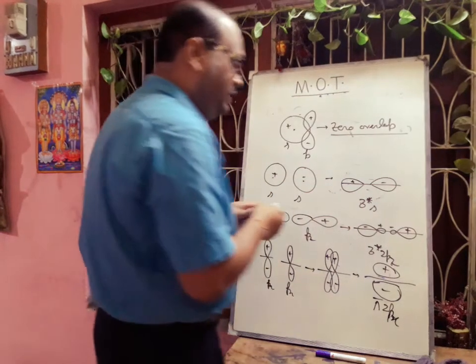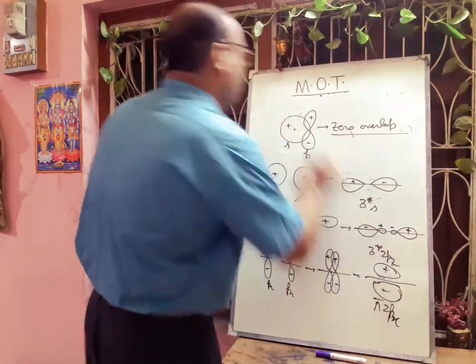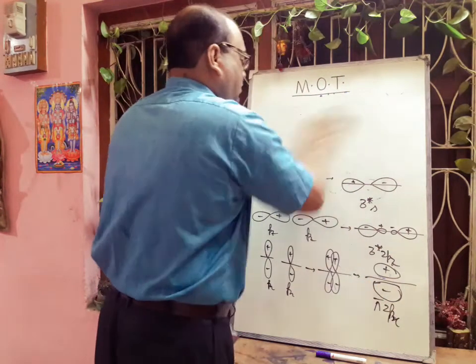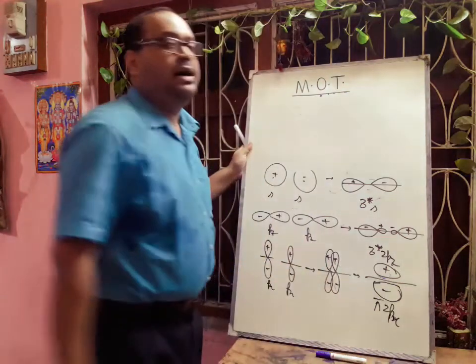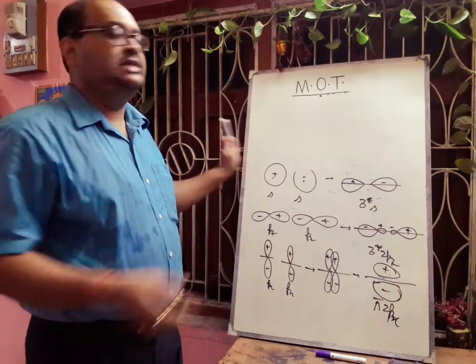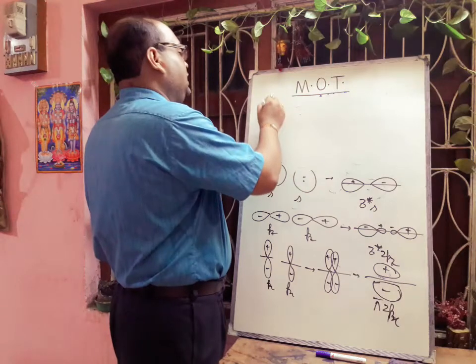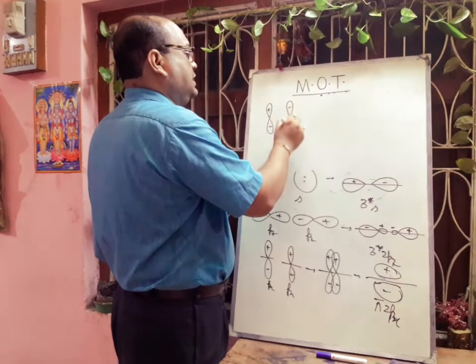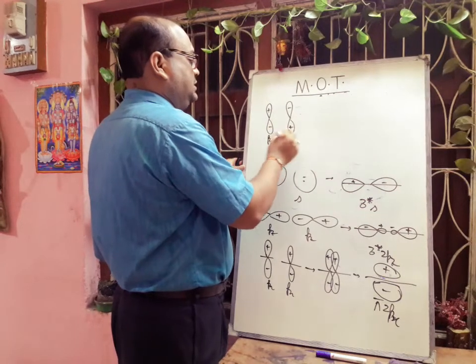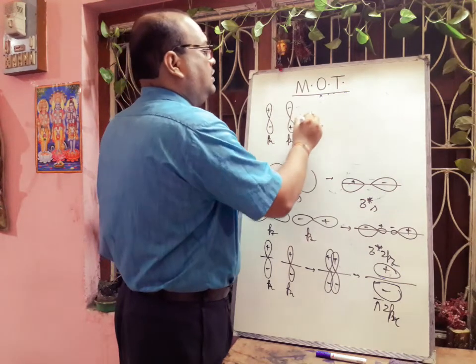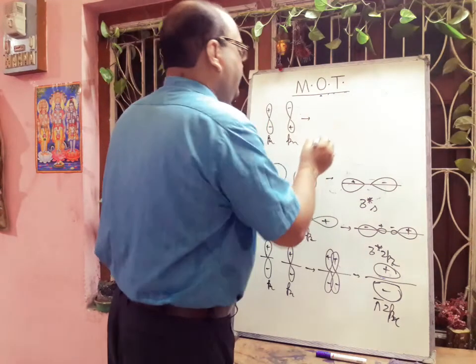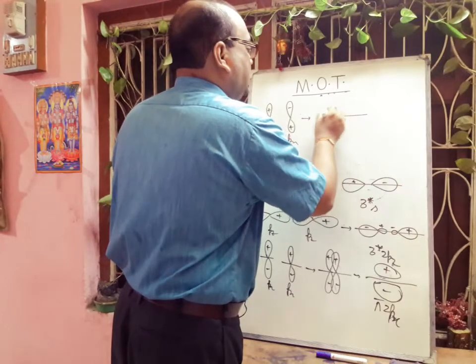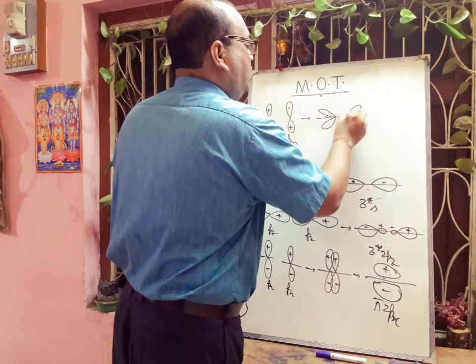But if we take two p orbitals with side by side overlap, and their symmetry is different, suppose we take one plus minus and here minus plus, this one is px, this one is px, then what will happen? Definitely there will be strong repulsion, there will be no formation of bond.